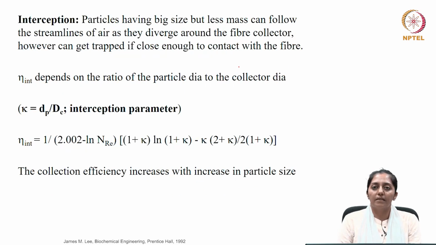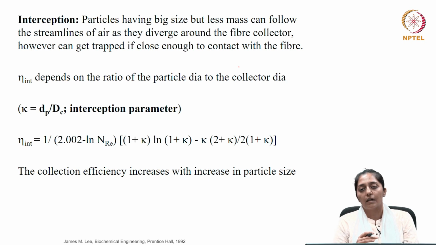Similarly, if the particle is getting trapped by the interception process, what does that mean? It means that particles having big size but less mass will follow the streamline of air as they diverge around the fiber collector. However, they can get trapped if they are close enough to contact the fiber.